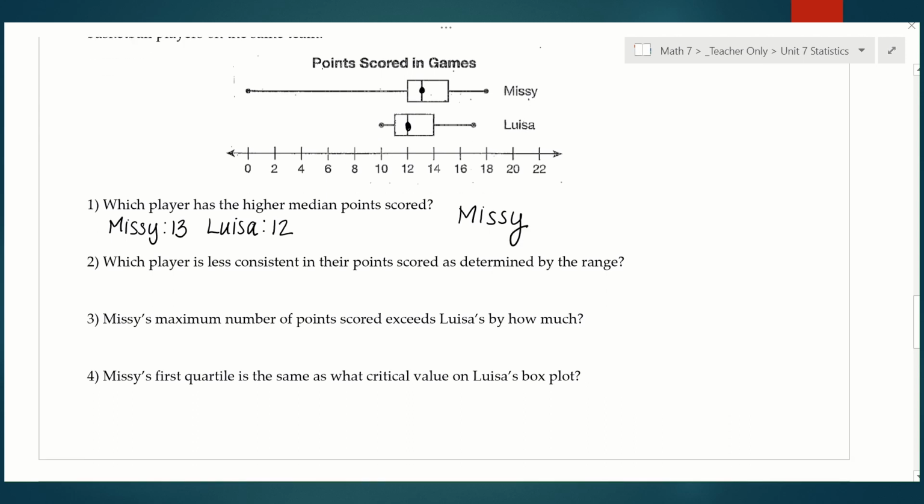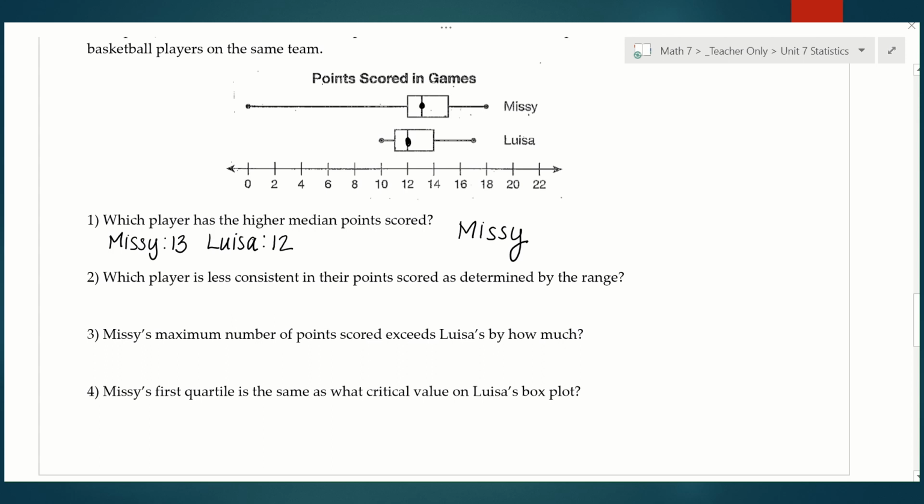Number 2, which player is less consistent in their points scored as determined by the range? Okay, so in order to figure out the range, I am going to take the highest number minus the lowest number for each girl. Okay, so let's start with Missy. So Missy's highest is 18.